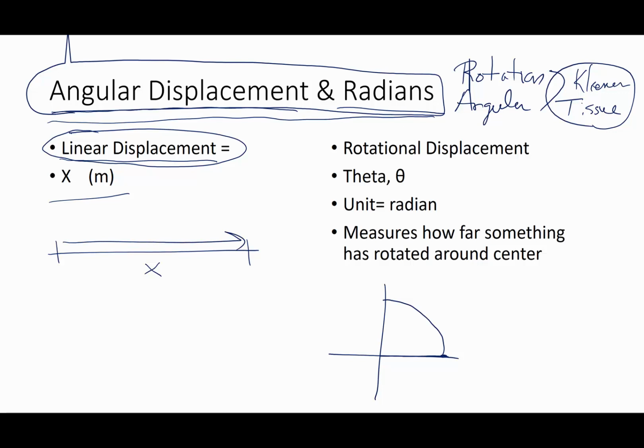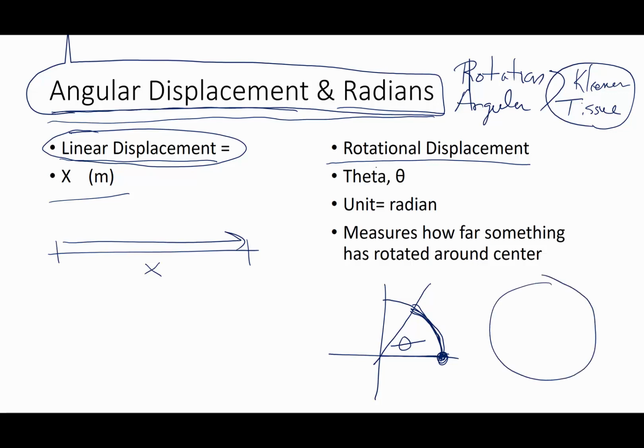Now that we're talking about angular displacement, we are talking about how far something rotates. So if an object is here and it rotates through an angle theta, that is how far the object is rotating. That might be a fan blade, a gear, a carousel, anything that has circular motion.